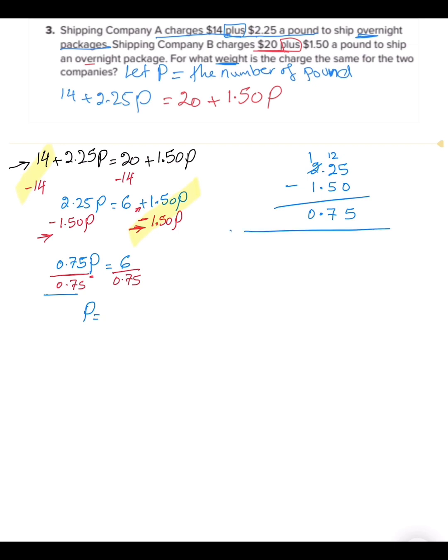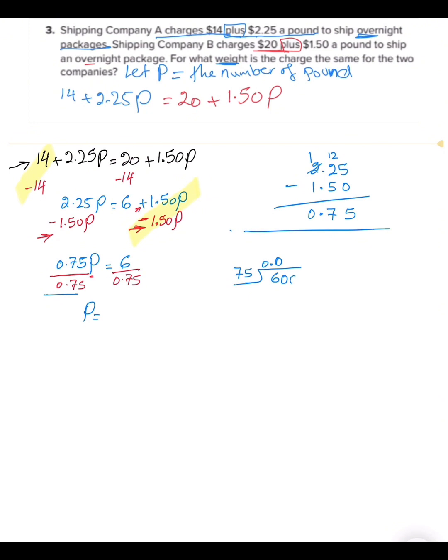We have 6, we will divide 6 by 75. I will delete the point, okay, I will put it later. 6 divided by 75, we can't, so we write 0 point and we add 0. 60 divided by 75, we can't, 0.